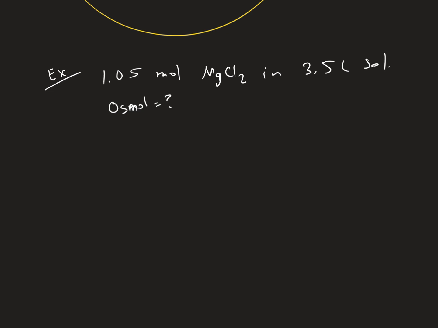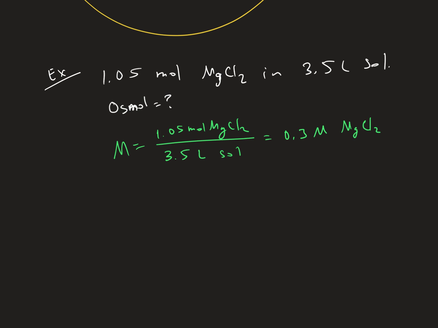The molarity. Okay? Because osmolarity is molarity multiplied by the number of species in solution. So molarity is equal to what? 1.05 moles of magnesium chloride divided by liters of solution, right? 3.5 liters of our solution. And we get our molarity is 0.3 molar concentration of magnesium chloride. That's not our answer because we're not looking for molarity.